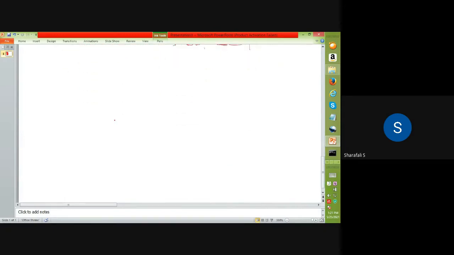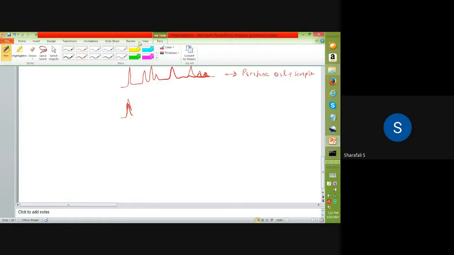I will just show that. For example, if you have a spectrum like this, and this corresponds to paraffin oil plus the solid sample. And if you have the paraffin oil spectrum, this is just a rough diagram, I don't think that it is exact for paraffin, it's just a rough sketch.